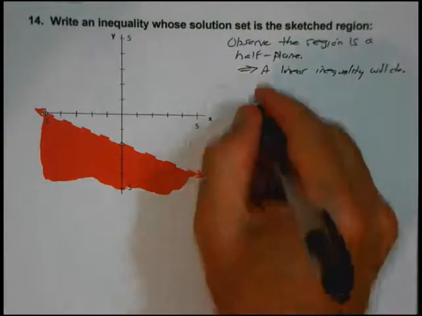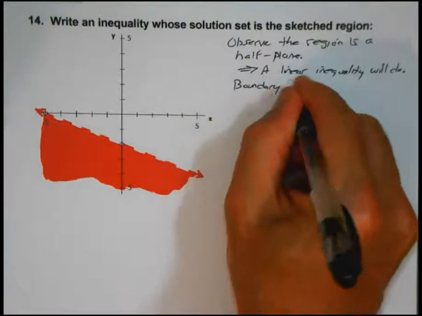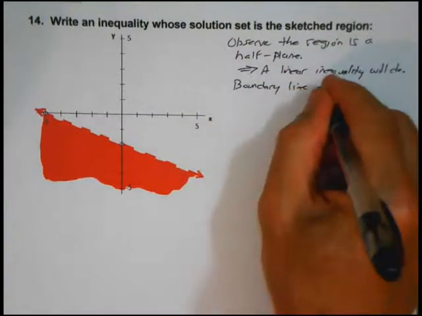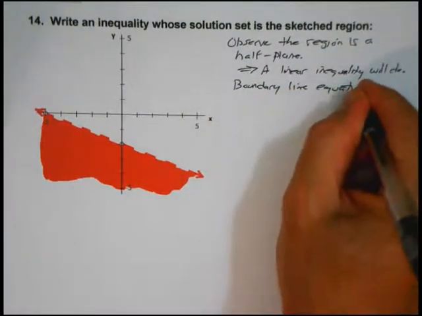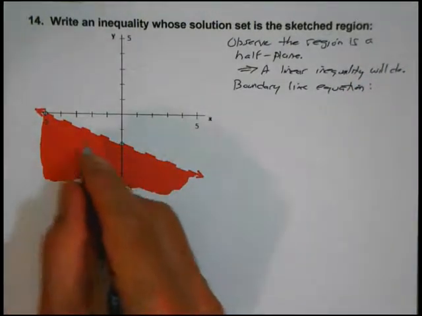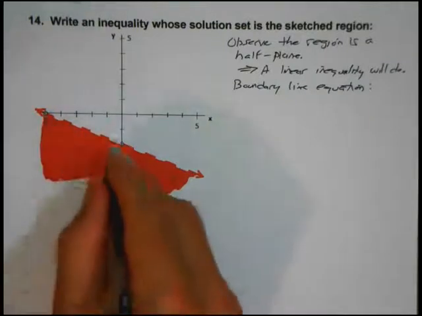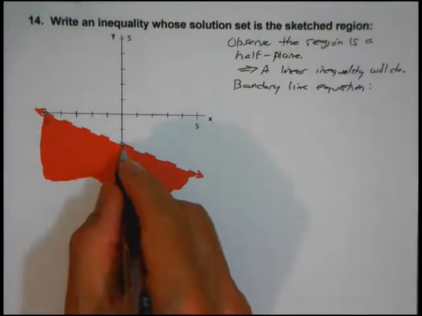Okay, well, we're going to need the boundary line equation. Let's see, what do we know about this line in terms of good information? Okay, a good x-intercept, a clear y-intercept. Alright, a couple of directions you could go here.